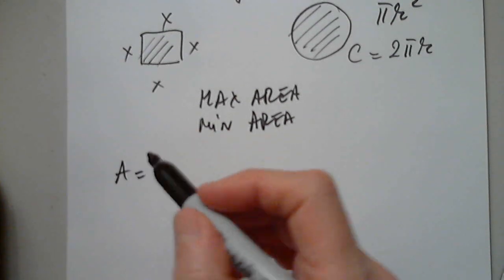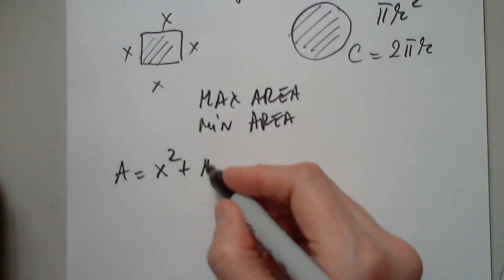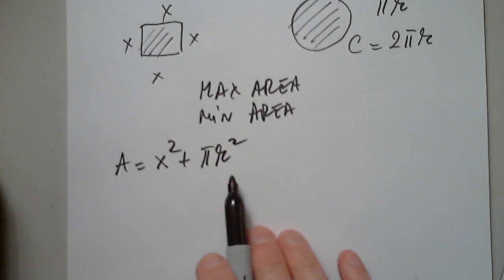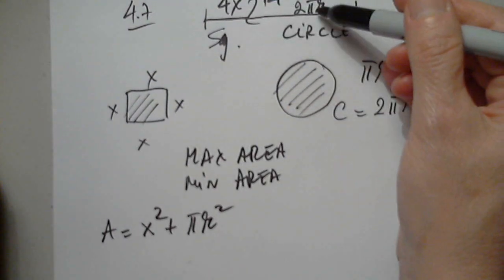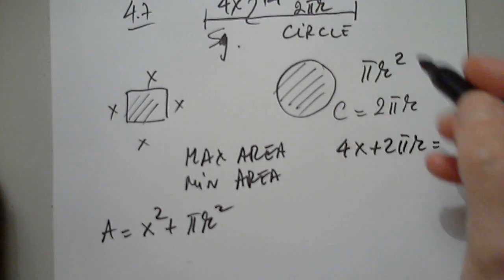So the area would be x squared plus pi r squared. I cannot have two variables, so I have to get rid of something here. But I know that 4x plus 2 pi r must equal 14.